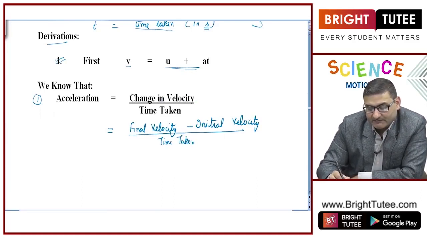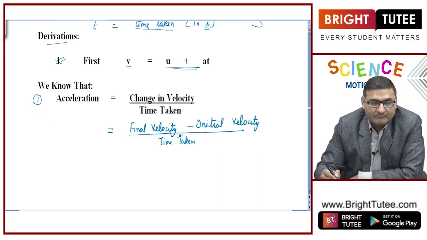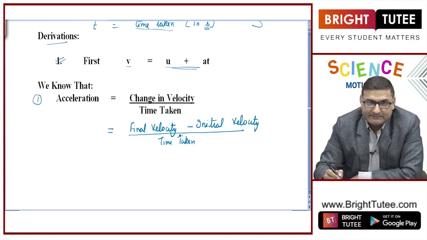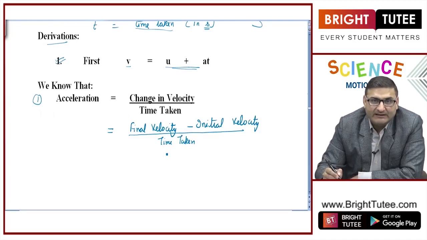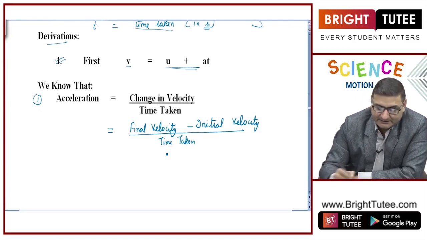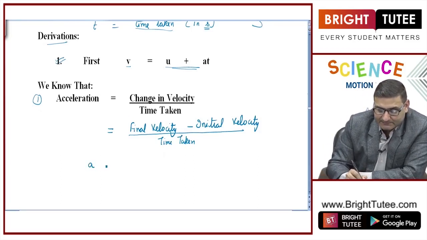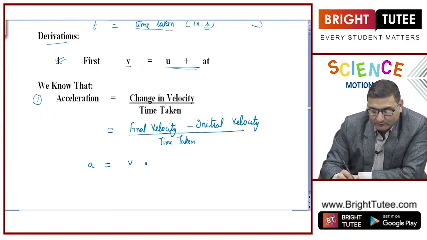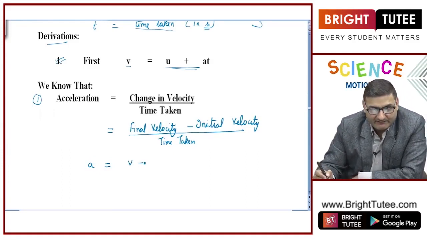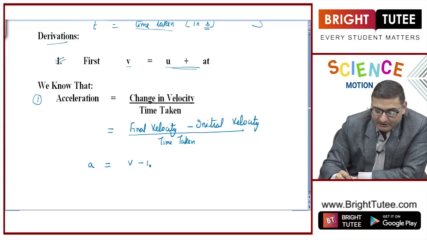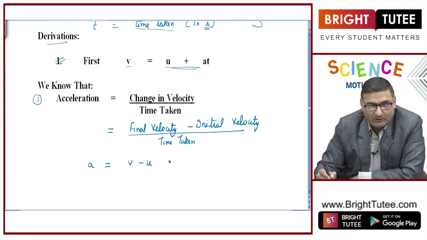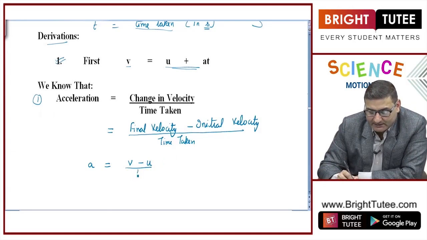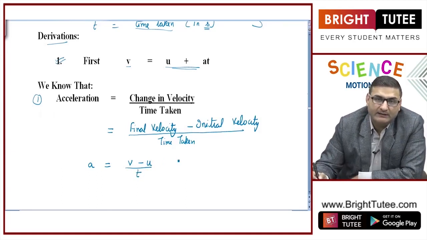In alphabetical representation, acceleration is small a, final velocity is small v, initial velocity is small u, and time taken is small t.